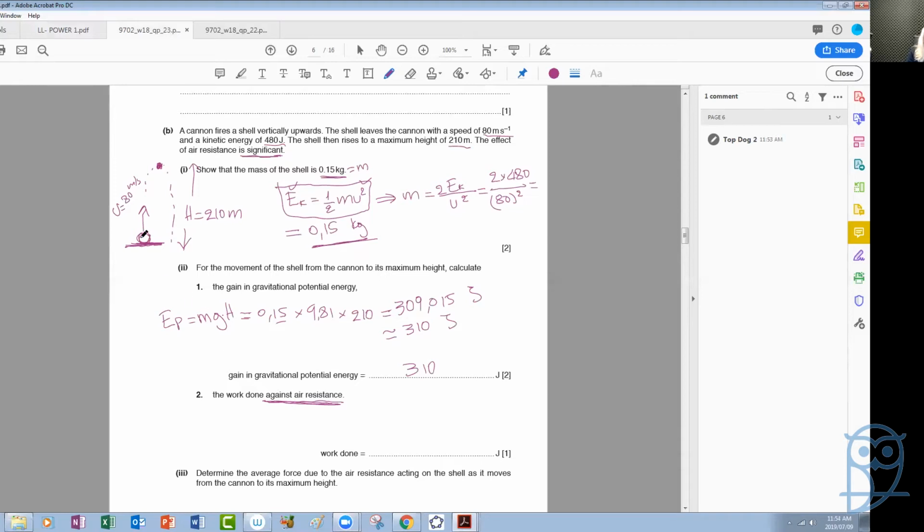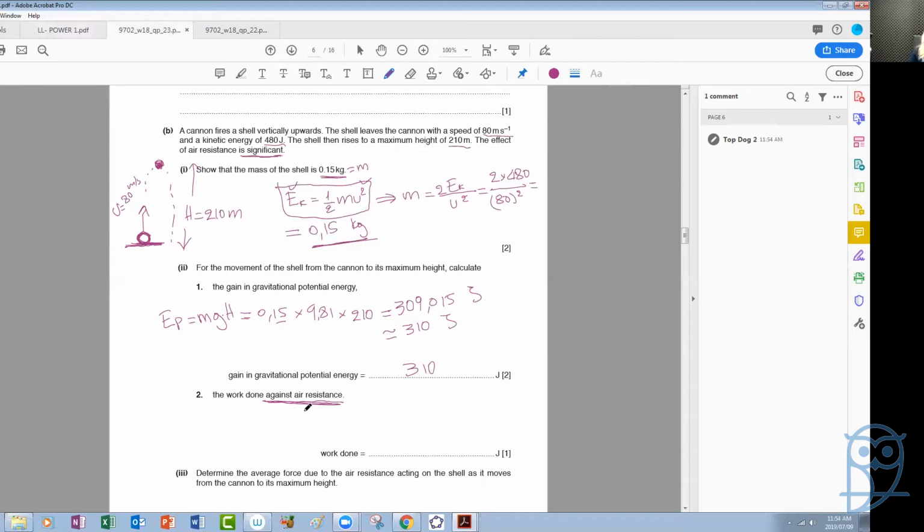In fact, if we compare the energy here at the ground, which is all kinetic, and the energy here at the highest position, which is all potential, we'll see that the one up there must be less than the initial kinetic energy on the ground, because some energy was lost, dissipated to the surroundings as heat because of this air resistance.